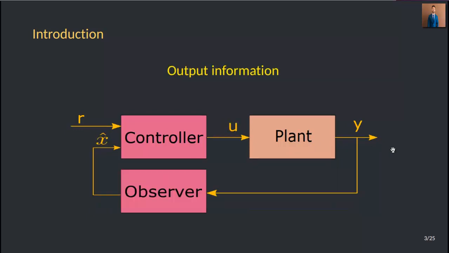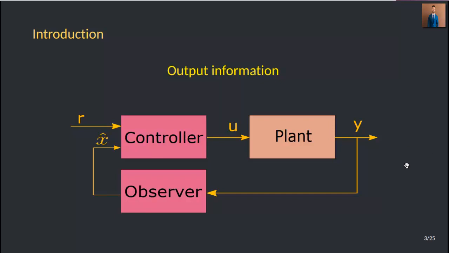On the other hand, sometimes we only have output information, so an observer is needed to recover the state information, and this estimation is presented here by hat x. Next, with this information, we can design an output feedback controller. So these two are typically closed loop systems in control design.